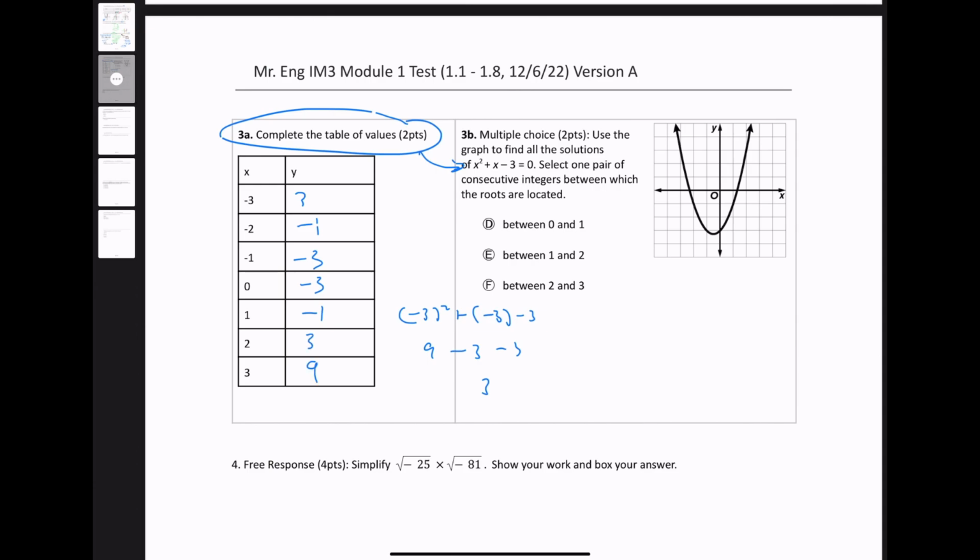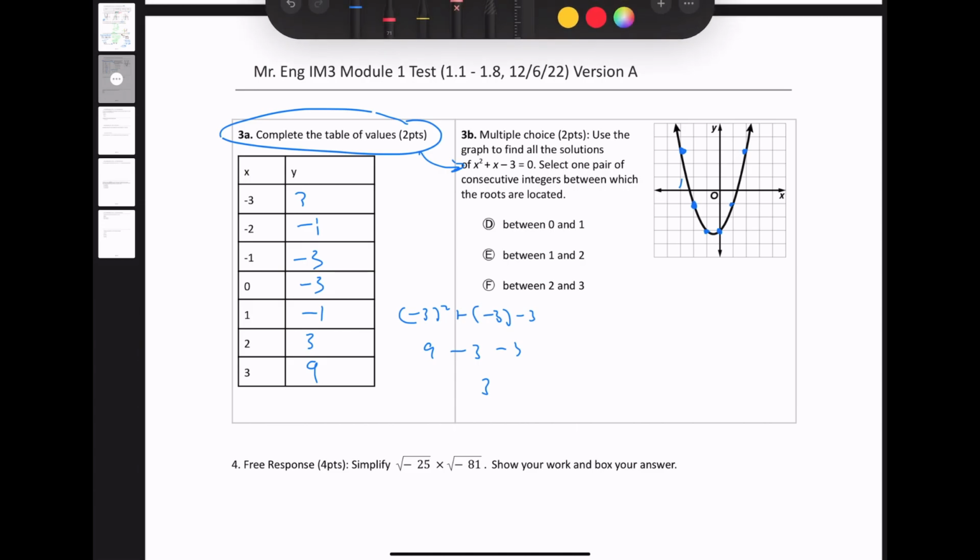And that makes sense because if you graphed it, left 3 up 3, left 2 down 1, and so on, and then 3, 9, which is off the graph.